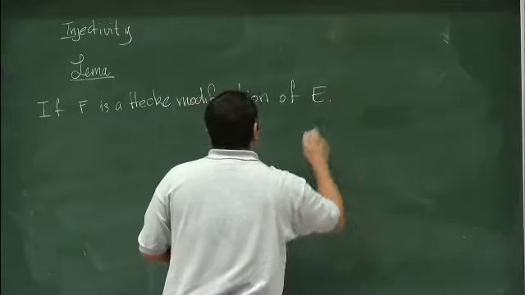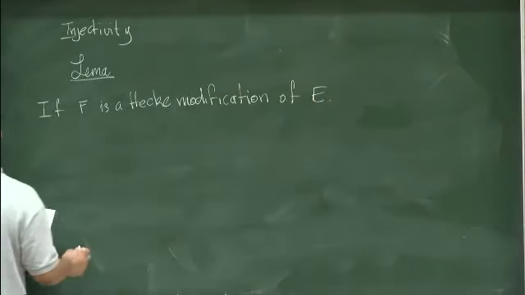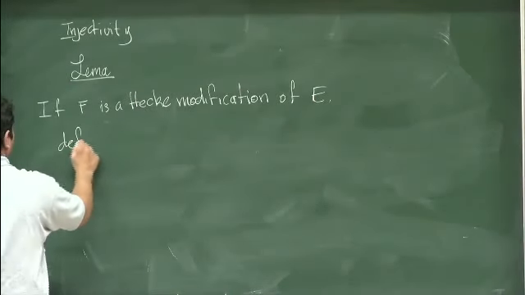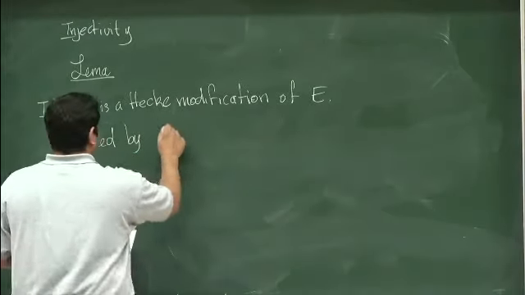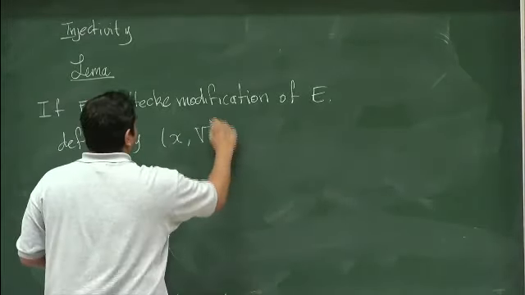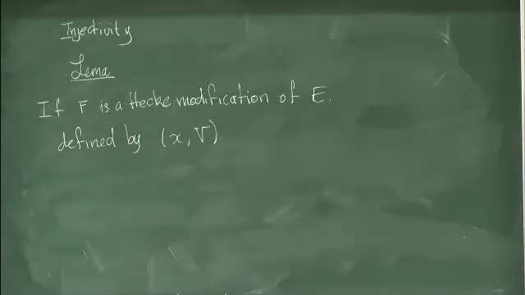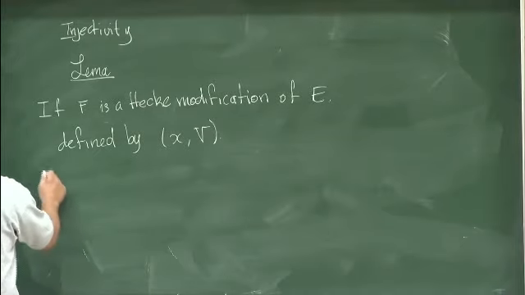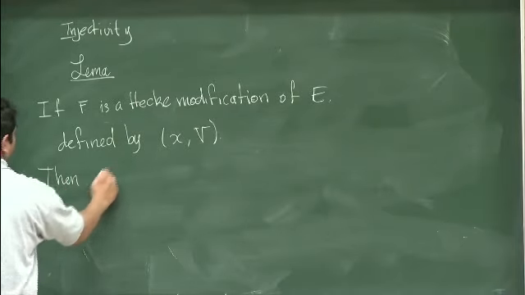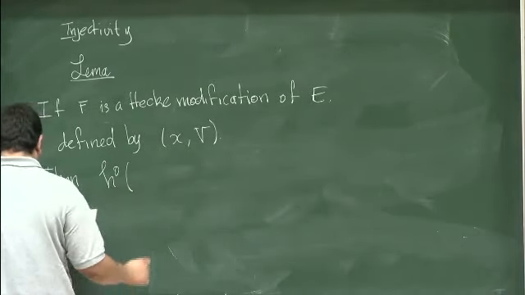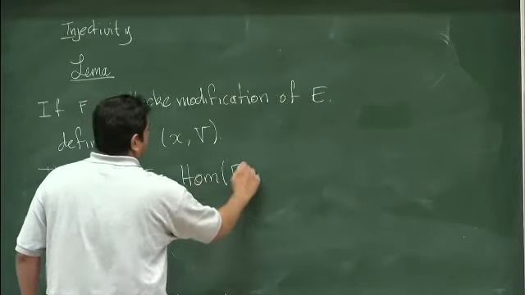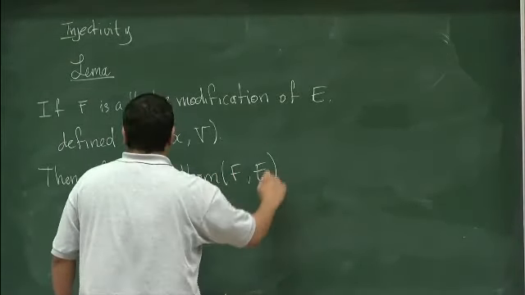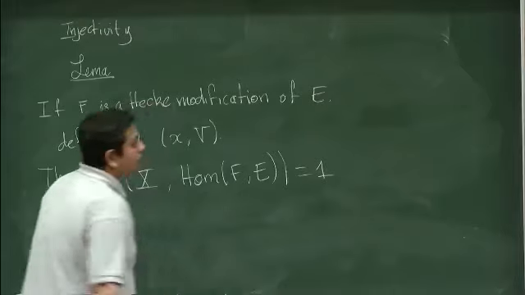of E defined by the point X and the subspace B, then H0 of Hom(F, E) is exactly 1.